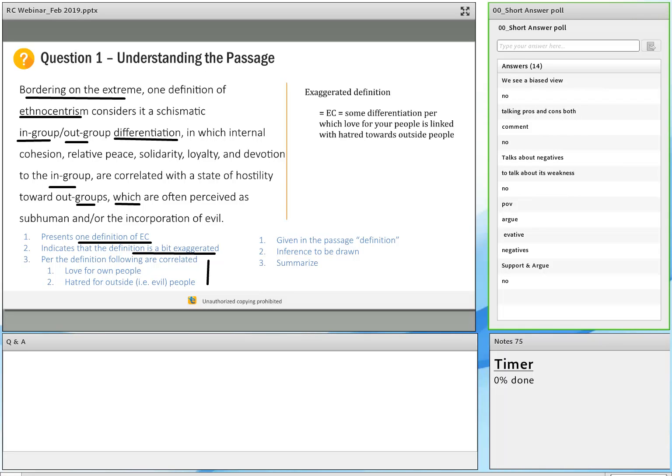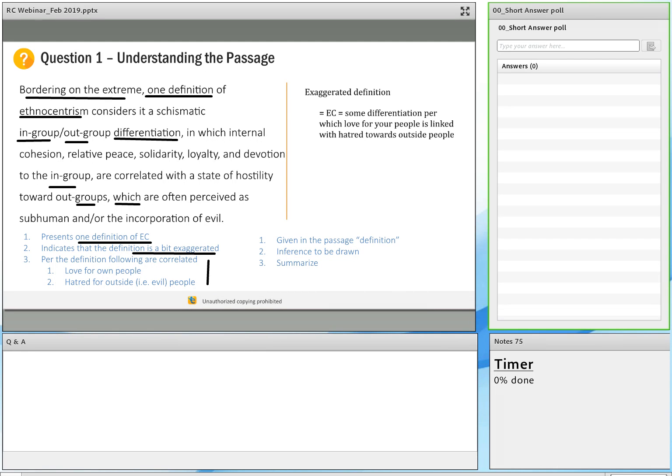No. Or he says, I don't like this definition, A, B, and C. He says bordering on the extreme. One definition. Look at the word over here, one definition. And these are really good questions, by the way.